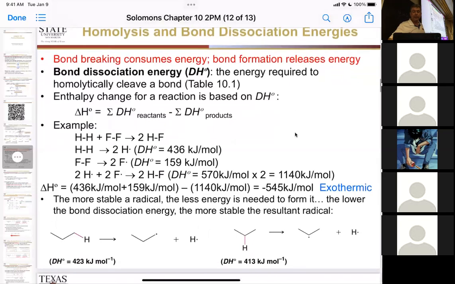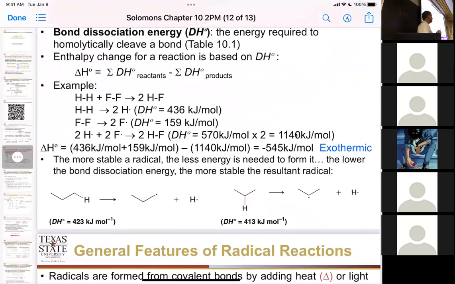Now, I said that there is not as big a difference in the energies between primary, secondary, and tertiary radicals. Here's an example of that. This is creating a primary radical at 438 kilojoules per mole. A secondary radical is only 10 kilojoules per mole more stable.